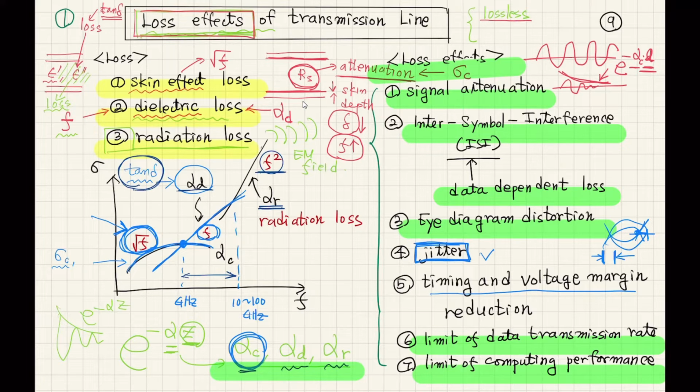Because of this timing and voltage margin reduction at higher and higher data rates, we're going to have more high frequency losses, and we're going to have a smaller data rate, and we're going to have smaller computing performance. This is the overall picture of the class today.